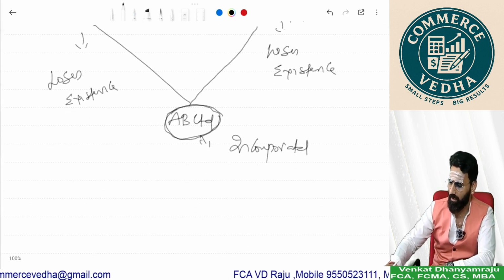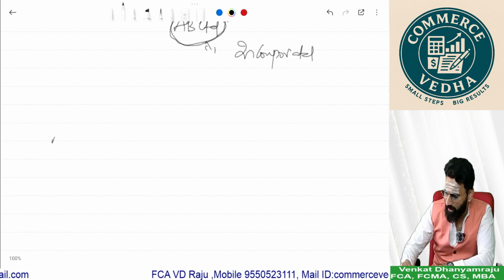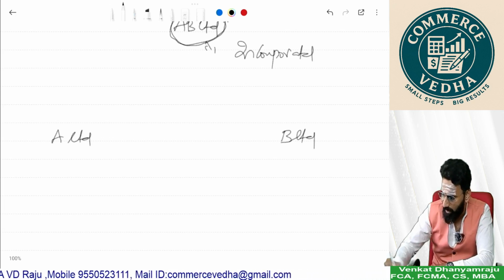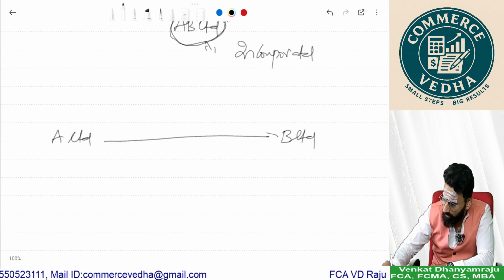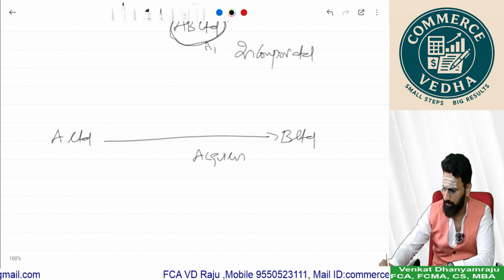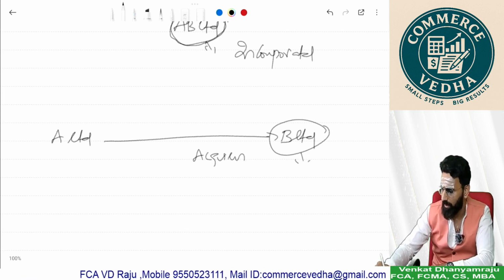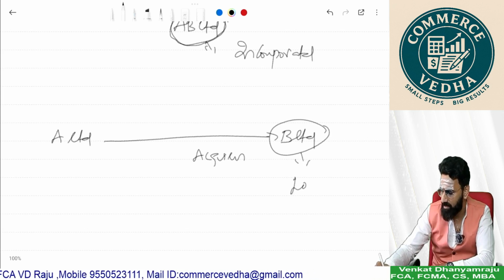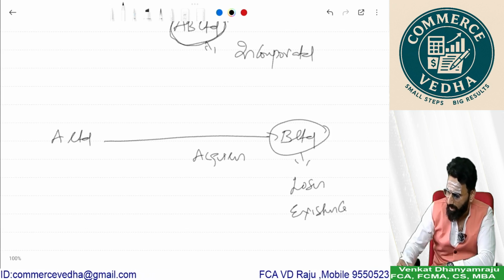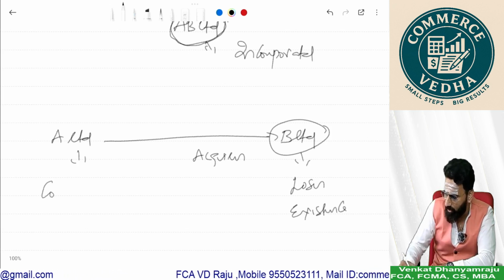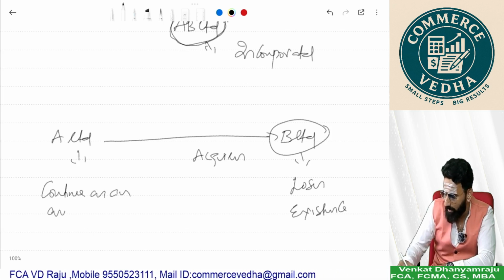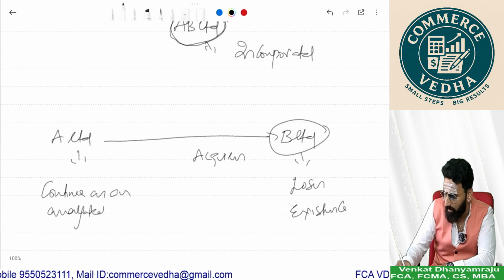And another is when there is A Limited and there is B Limited. A Limited acquires B Limited, wherein B loses existence and A continues as an amalgamated entity.